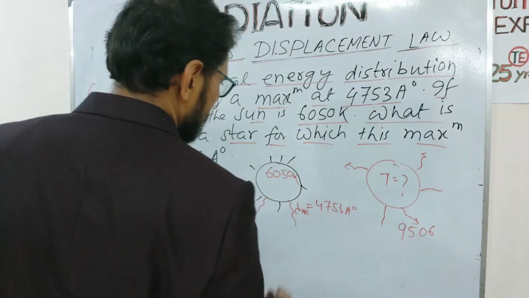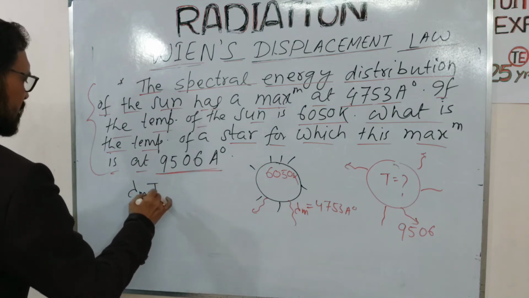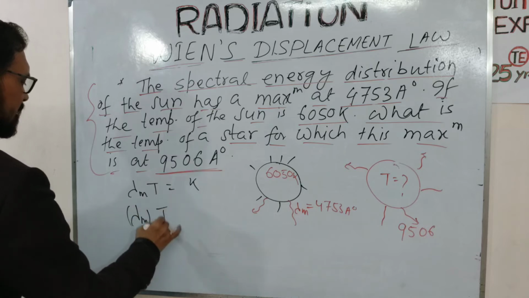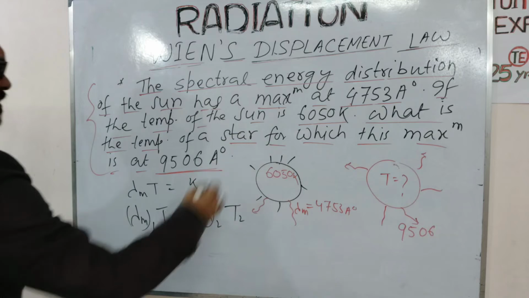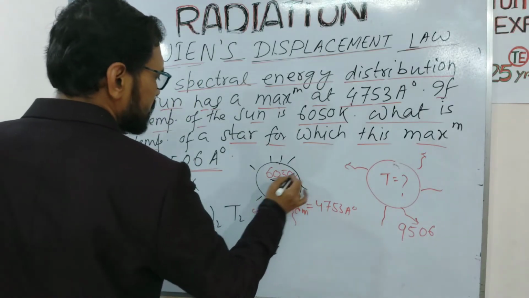body? So here we use Wien's displacement law, which is lambda m into T equal to constant, that is lambda m1 T1 equal to lambda m2 T2. We use this. Now this temperature should always be in Kelvin scale.